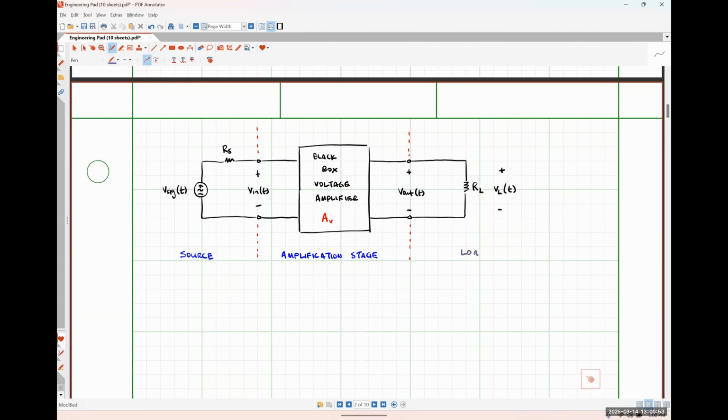And then this is the load side of our system.